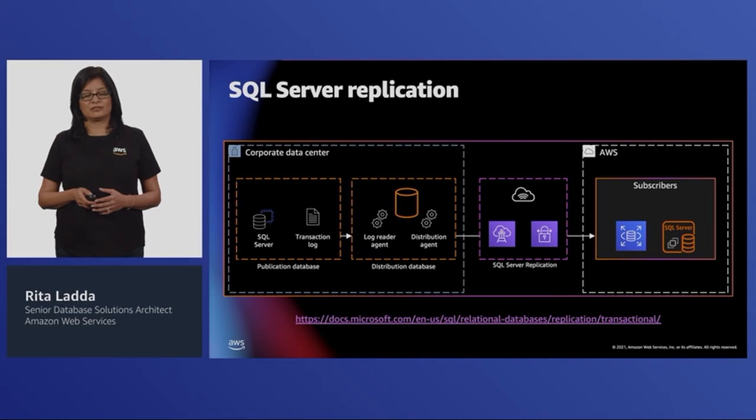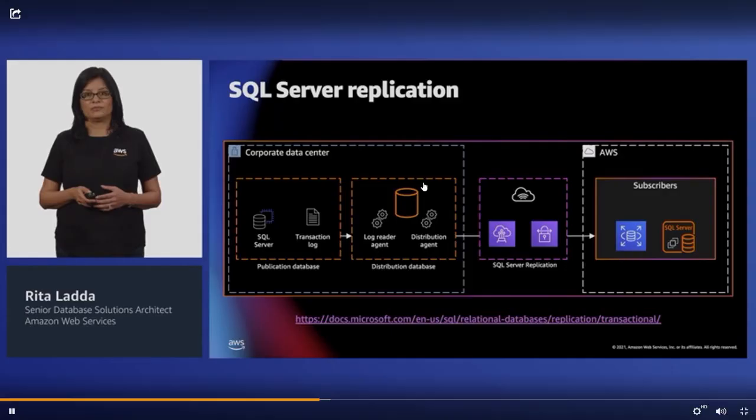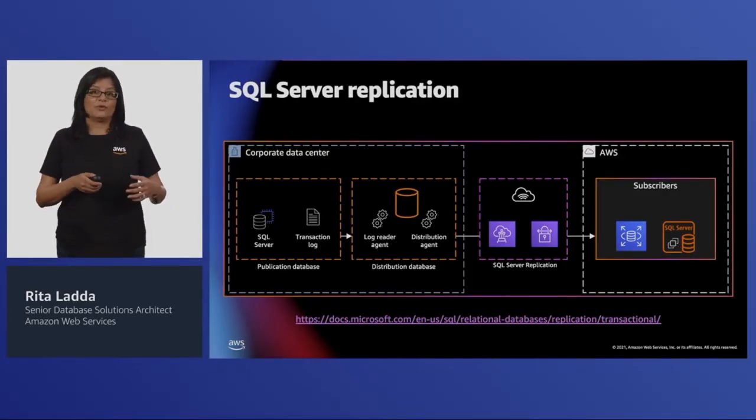Once the snapshot is applied, replication sends all changes from publisher to subscriber to keep both databases in sync. Once the target database is in sync and validated, you can cut over to AWS to complete the migration. If your database is too large, the initial snapshot can be applied through a backup delivered to AWS via Snow devices, as we talked about earlier. This migration method applies to RDS and SQL Server on EC2.